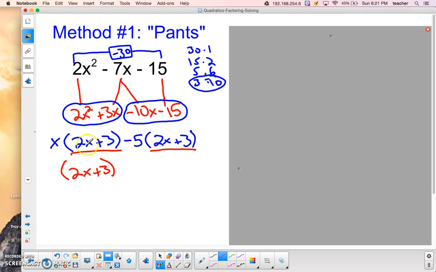When you divide it, it goes away in each case, and what's left is what goes in the other set of parentheses. So the other set of parentheses is x minus 5. We can verify that our answer is correct by doing the box or the arrows and multiplying this back out. And you will see that we do get 2x squared minus 7x minus 15.